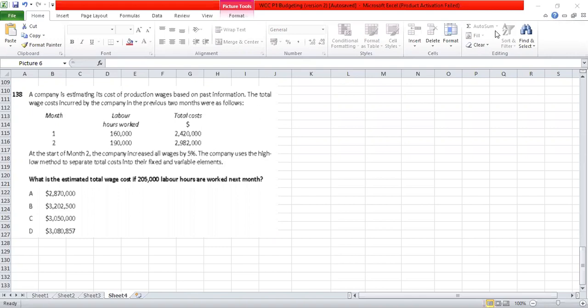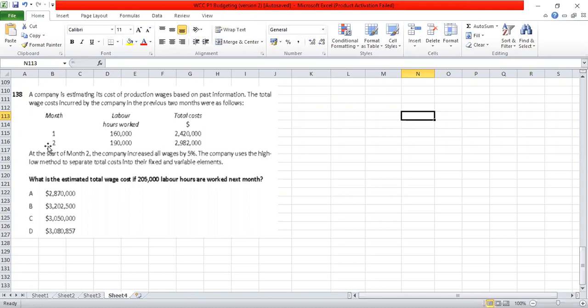The way we have done the first question, wherein the adjustment of that 30,000 which was added halfway through. So here also we see that there is an increase of 5% in wages made at the beginning of month 2. So month 1 is unaffected.